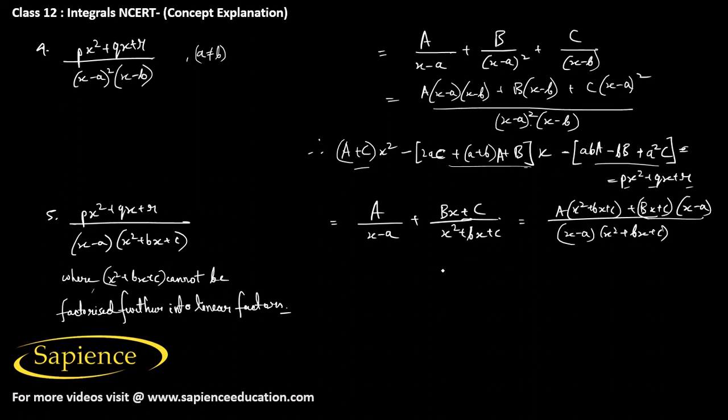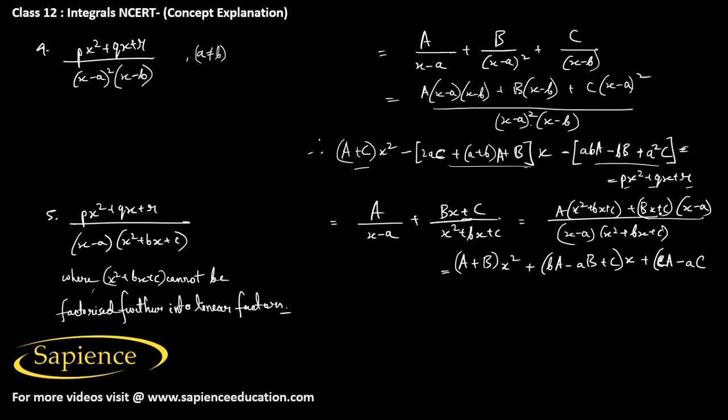So this will be equal to (a plus b) into x square plus (ba minus ab plus c) into x, plus ca minus ac.